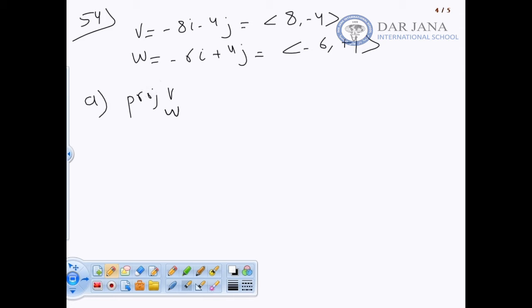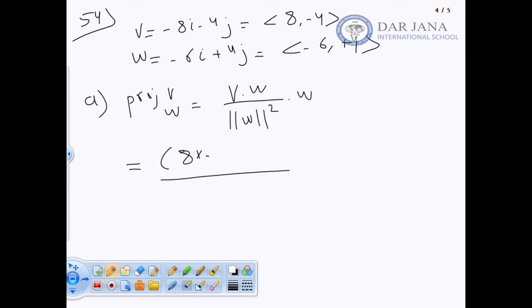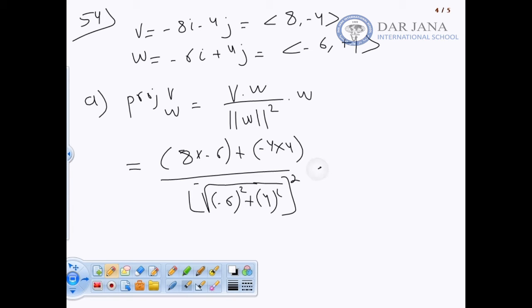Projection of V onto W, applying the rule, it's V dot W over magnitude of W squared times W. V dot W: negative 8 times negative 6 plus negative 4 times 4, over the magnitude of W, which is radical negative 6 squared plus 4 squared, all of it squared, times vector W, which is negative 6 and 4.